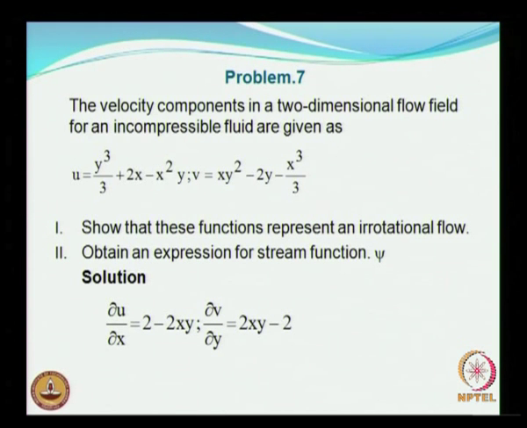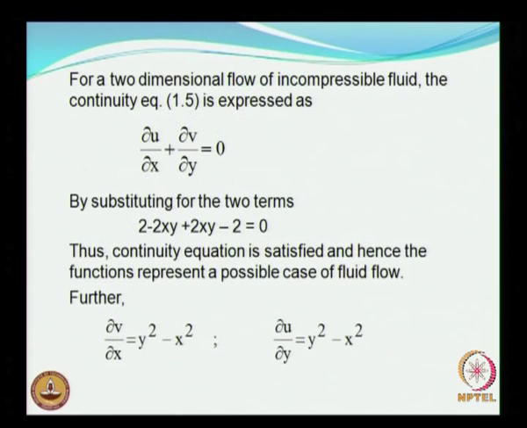So dou u by dou x and dou v by dou y are obtained using those two expressions. Then you add these two, so that can be expressed as shown here, so that satisfies the continuity equation. So it is just checking whether the two flow components are satisfying the continuity equation.